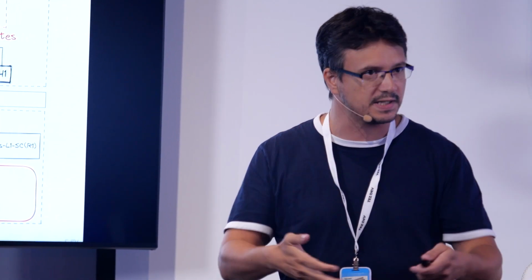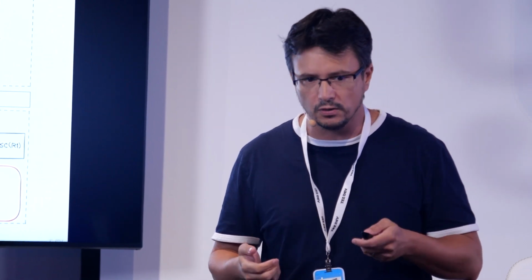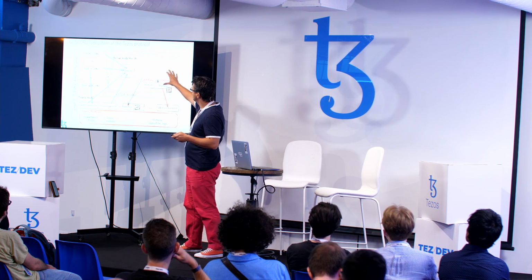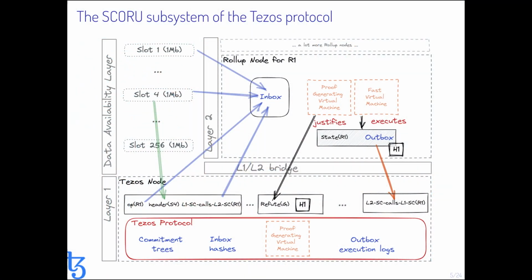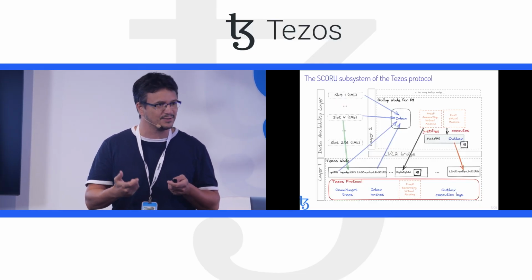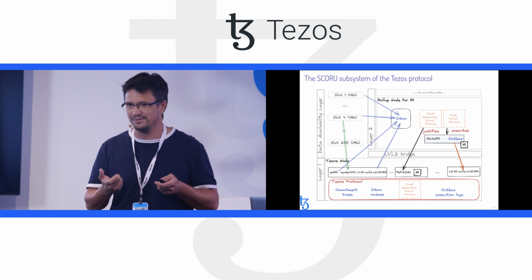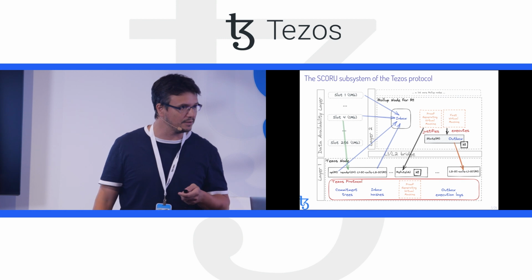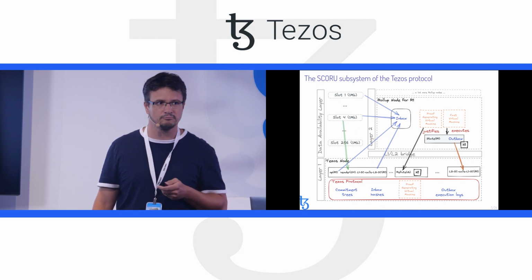Because it takes time to process messages, obviously, but also because you need to wait for the state of the rollup node to be finalized to be able to actually execute these messages. Again, why? It's because these messages may contain assets. So you want to make sure that the commitment is really valid, as it cannot be refuted before actually doing the transfer. Okay? Makes sense?